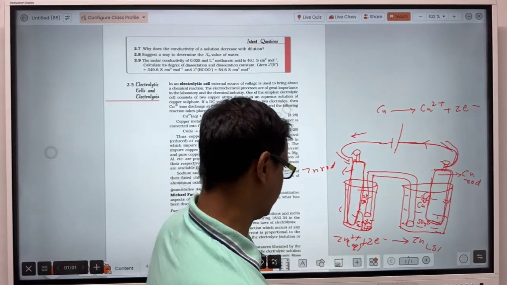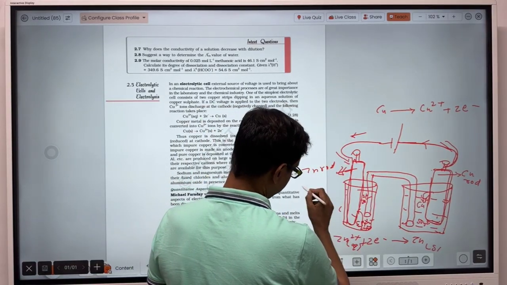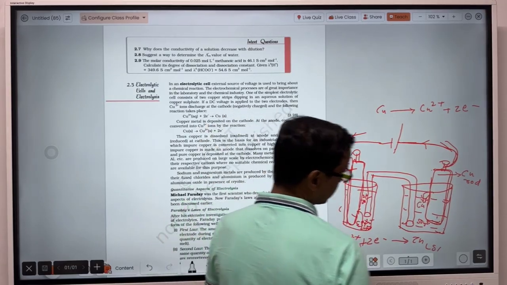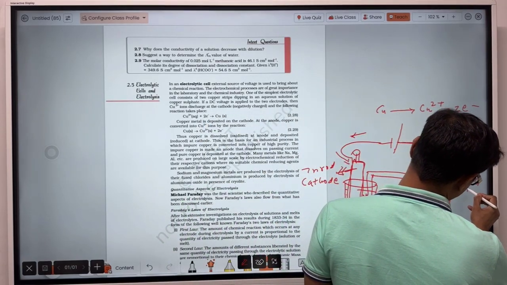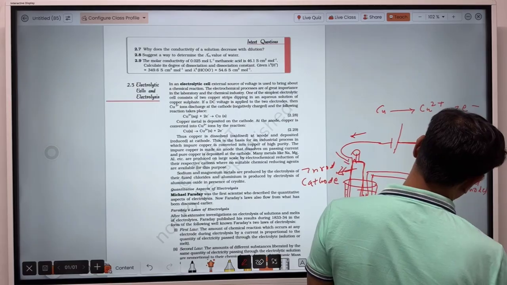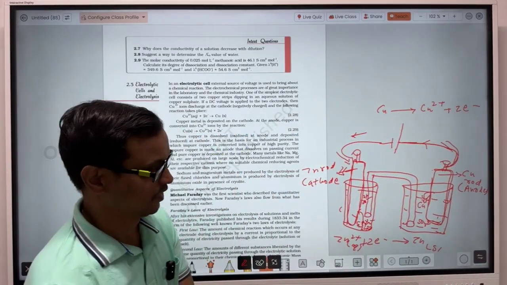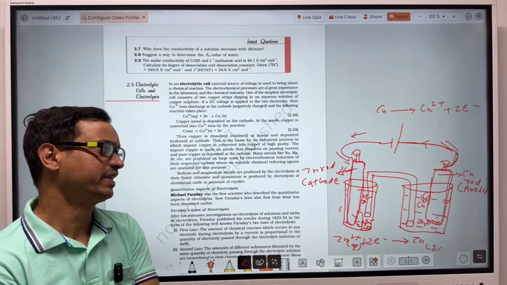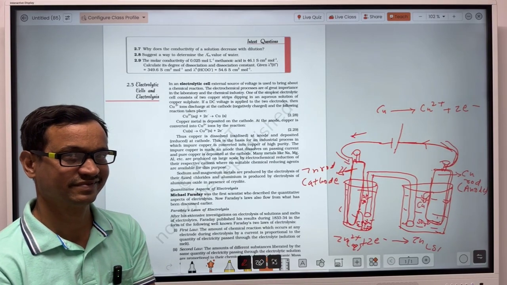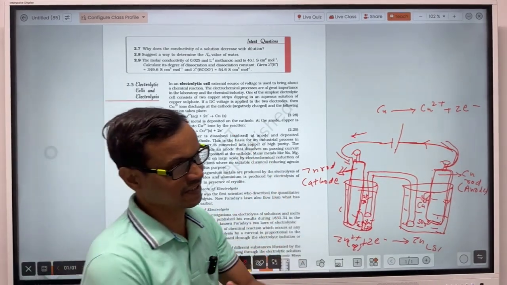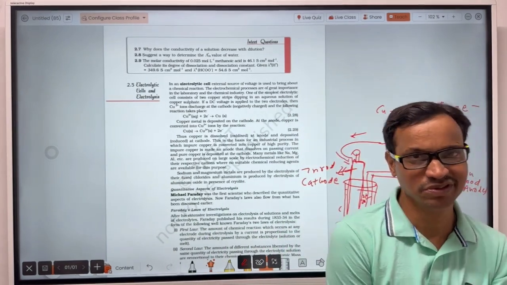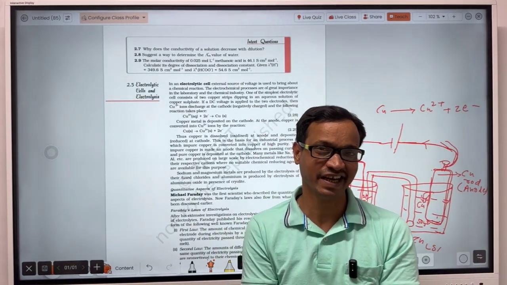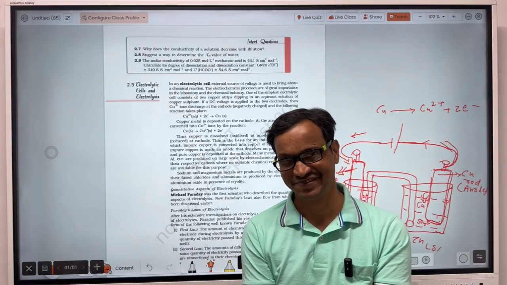Now here this zinc rod will act as cathode, and here the copper rod will be called anode. Towards which side the cation will get deposited, that will be called cathode. In the previous case, in galvanic cell, Cu2+ was depositing at the copper rod.